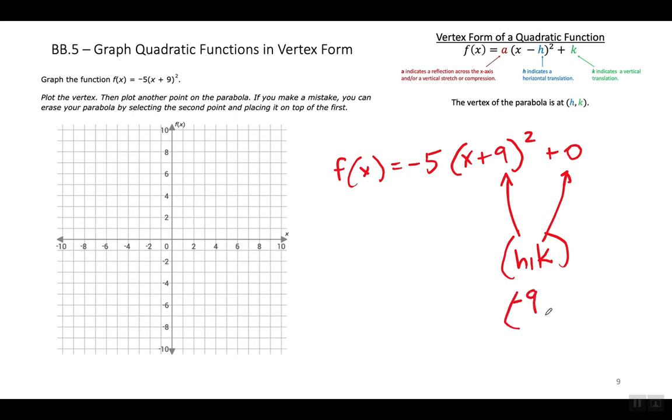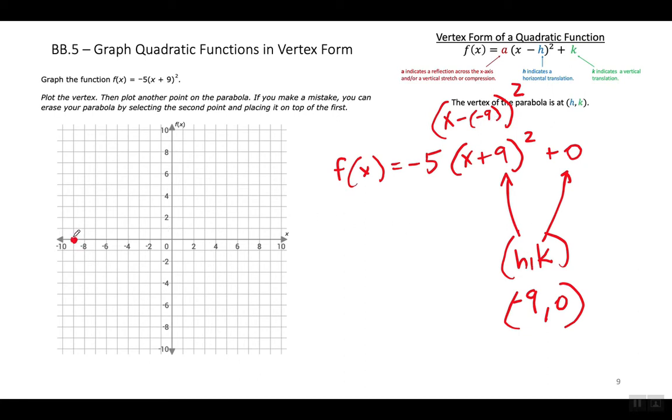The coordinate for h is -9 and for k is 0. So the vertex is located right there, (-9, 0). Remember, if you're confused by that, the formula is x minus h. So that means that this has to be x minus (-9) in order for this to become +9. So h is -9. H es -9.